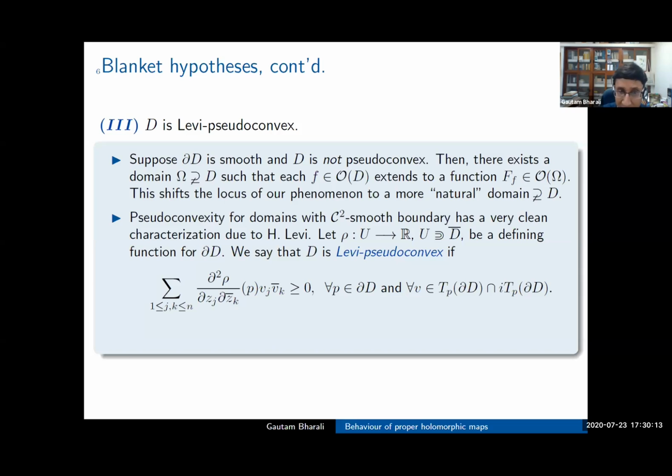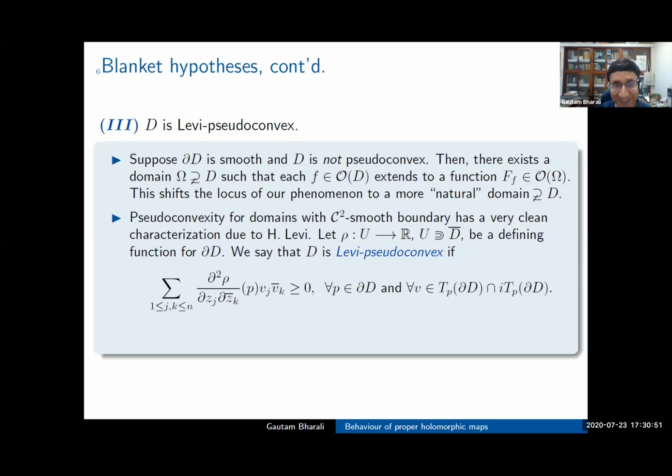I've just given you the definition, but what is its meaning? This is what the definition means. To say that D is Levi pseudoconvex is to say that number one, D is C2 smoothly bounded and enjoys a weak form of convexity, which is preserved by the isomorphisms of the category we are discussing.